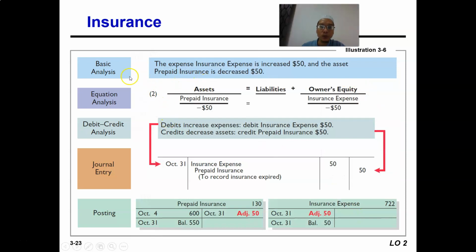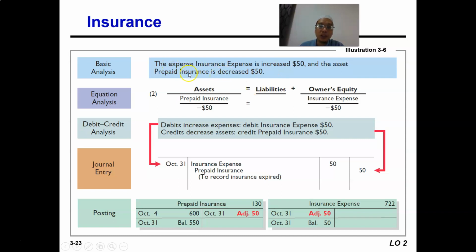So to look at the analysis, the basic analysis that we do is that the insurance expense is increased by 50. Okay, at 31st October, there's an increase in insurance expense by 50, and the asset is reduced by 50 because although we have paid 600 at the beginning, now 1 month has passed, therefore we need to deduct 1/12 out of 600.